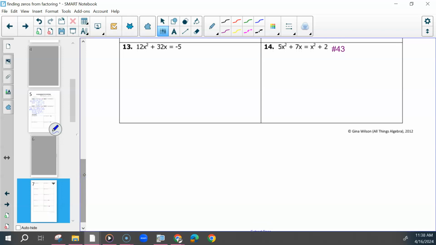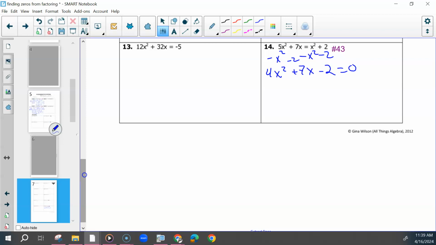Okay. In 14, how would I get this to equal 0? Subtract x squared. So that would give us 4x squared plus 7x minus 2 equals 0.